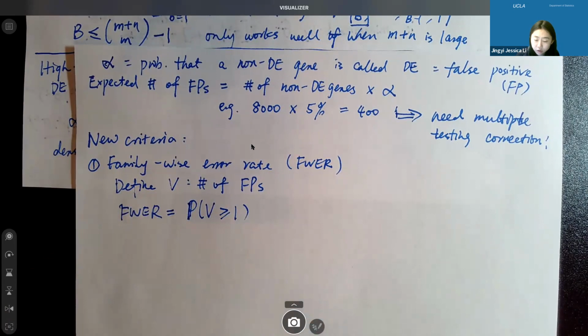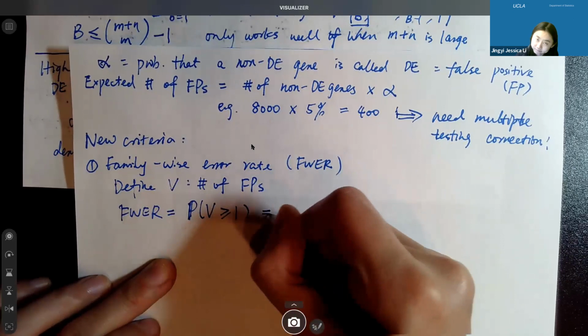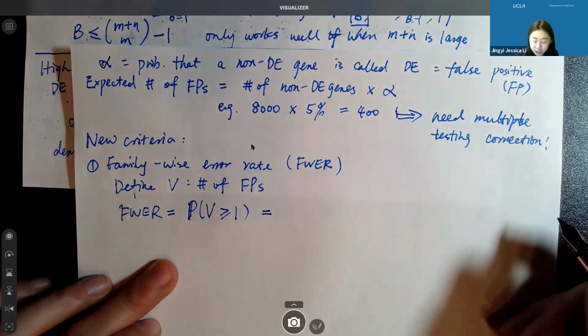Okay, so to control this, what do we do? We are going to examine every gene and see if that gene is a false positive, right?